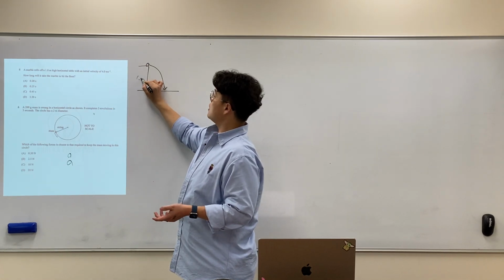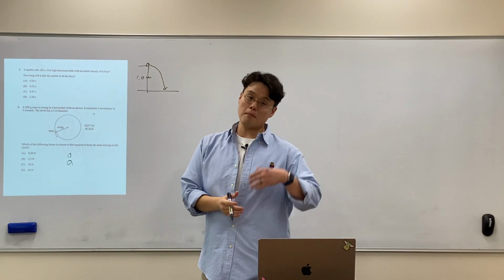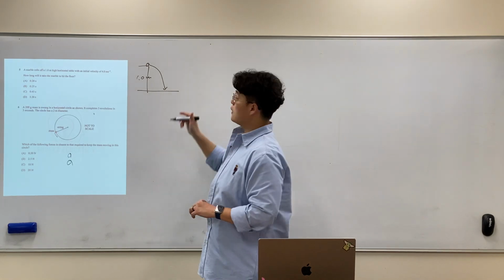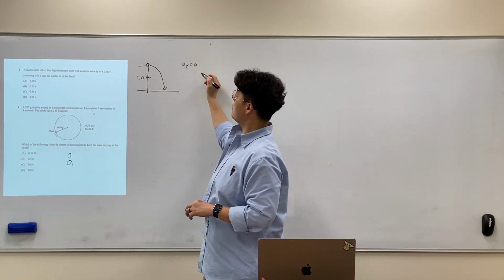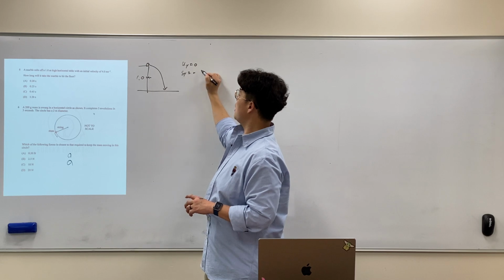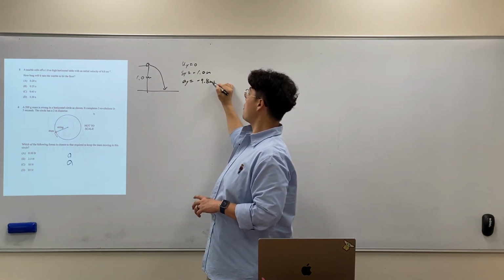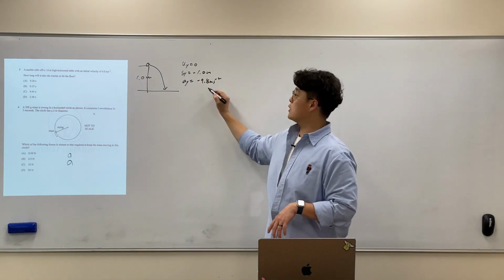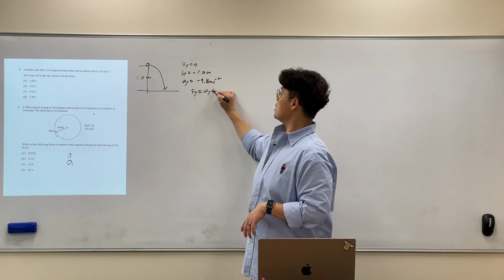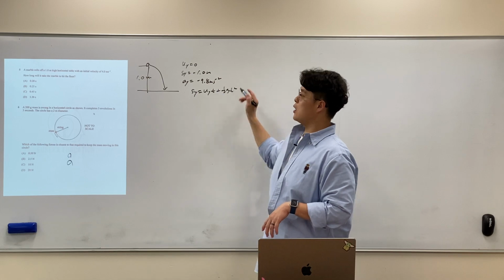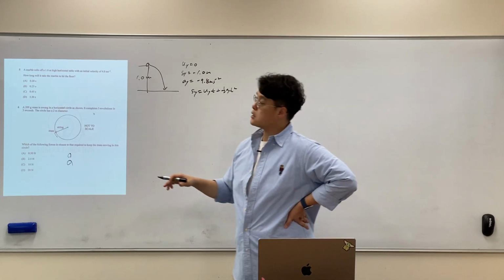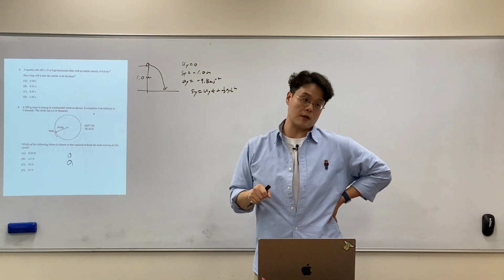All we have to concern is 1.0 meter, which is the height here. So u_y is 0, s_y is minus 1.0 meter, a_y is minus 9.8 meters per second squared. Using s_y equals u_y t plus half a_y t squared, you simply get the answer, that is C, 0.45 seconds.